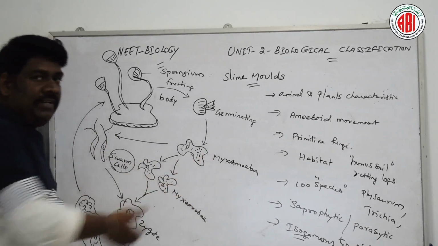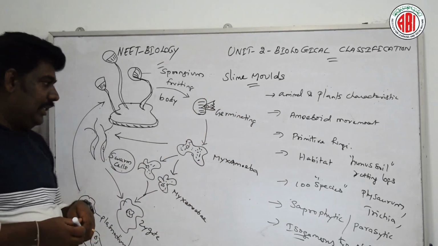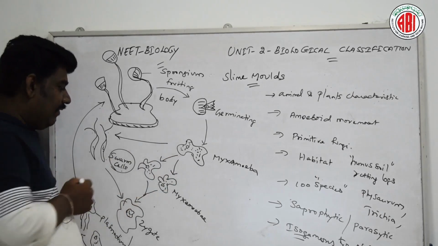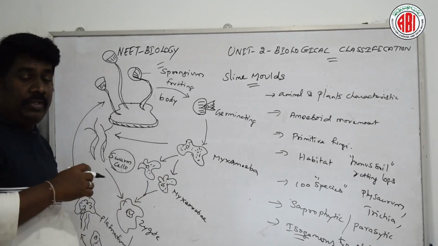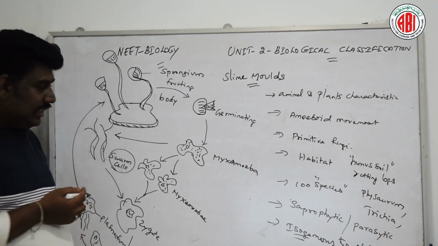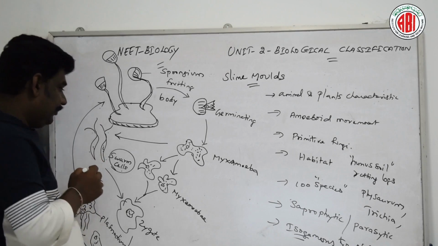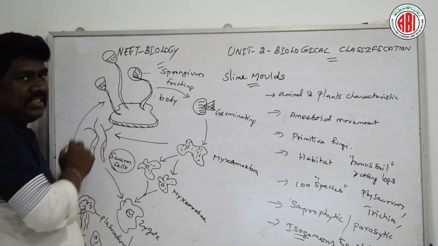This myxamoeba helps in amoeboid type of movement, and these could further develop into swarm cells, two different cells, and these swarm cells bear a biflagellate structure.